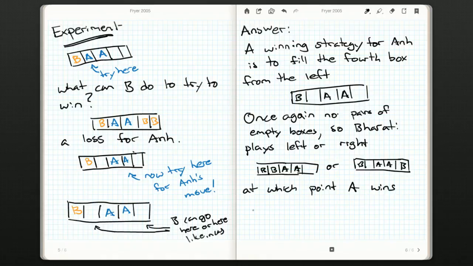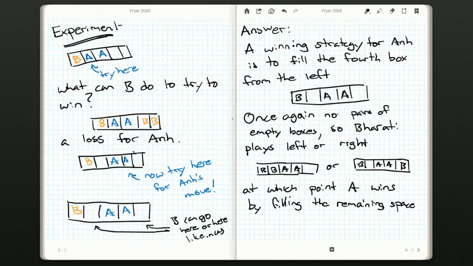So then On wins by filling the remaining space. Okay. We explain what box he chooses. We explain that at that point, no matter what Bharati does, you can go left, you can go right, leaving one empty space for On in order to win.